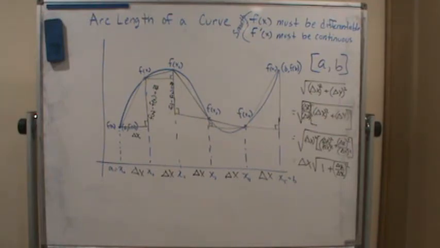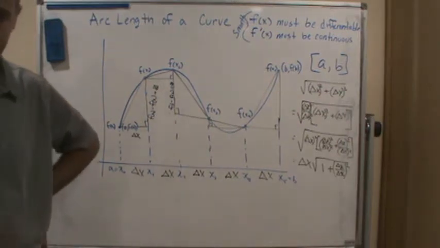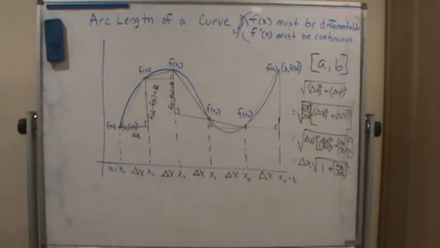So now I'm going to pick a sample point, x sub i star, for each subinterval.